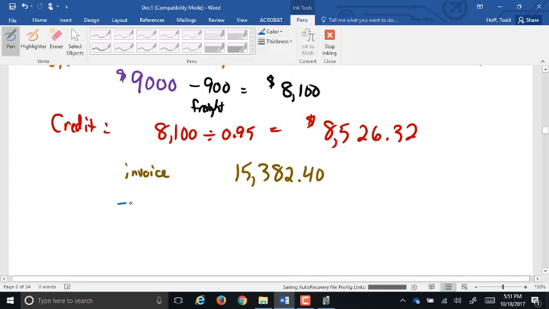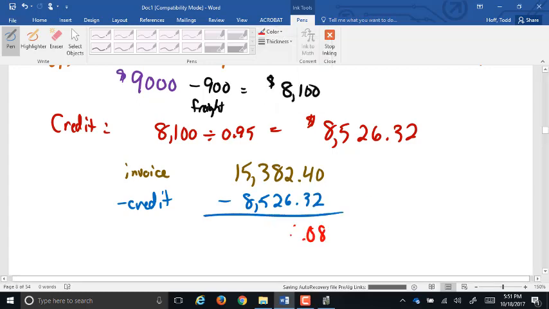And we are going to subtract the credit of $8,526.32. So you get $6,856.08. How many of you had that?